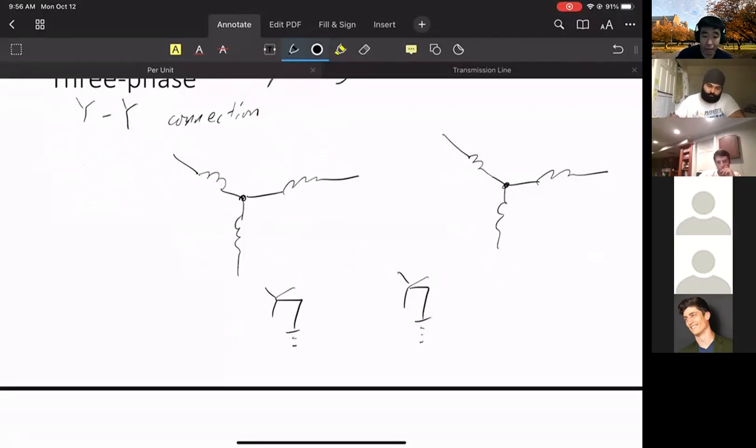For a Y-Y connection, are the primary and secondary voltage in phase? Right, for a Y-Y connection, these are in phase. So the primary and the secondary are in phase.